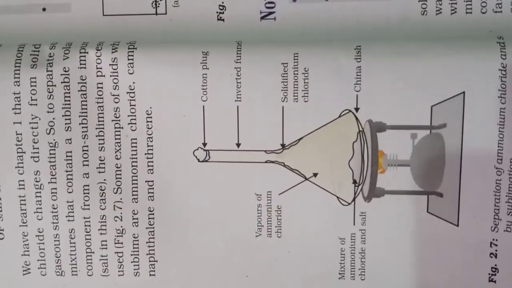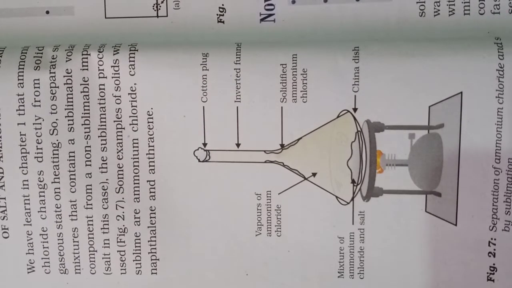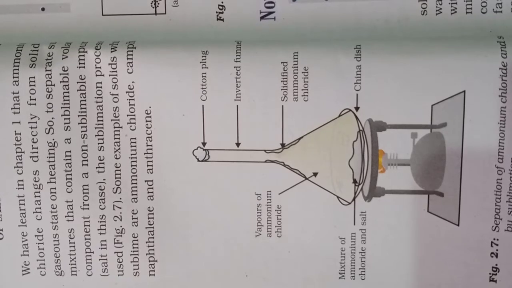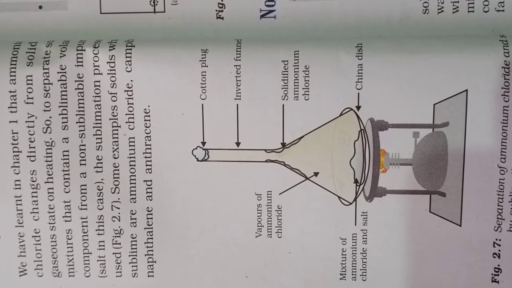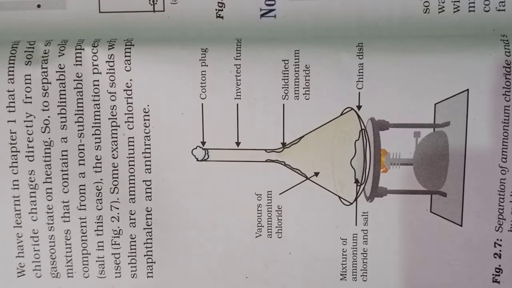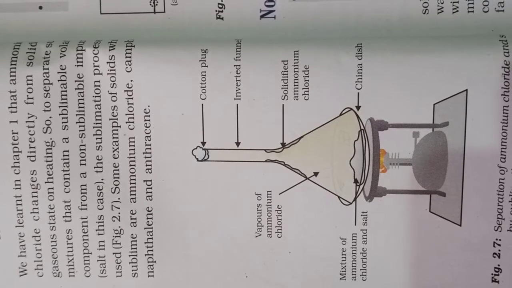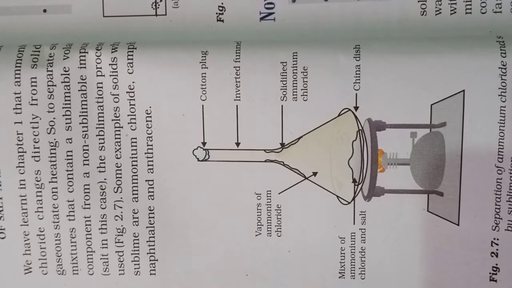Sublimation is the process of separating two substances, one volatile and the other non-volatile, by heating. When we heat it, the one with the lower melting point evaporates and deposits on the cold part of the funnel, and the one with the higher melting point remains in the vessel. Like this we can separate it.